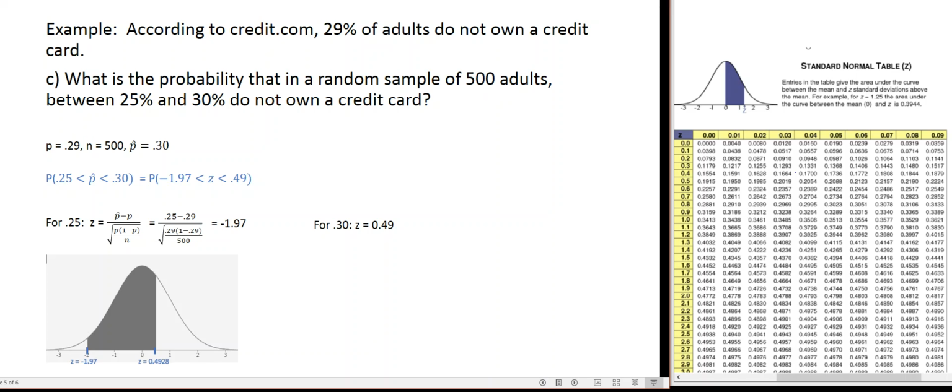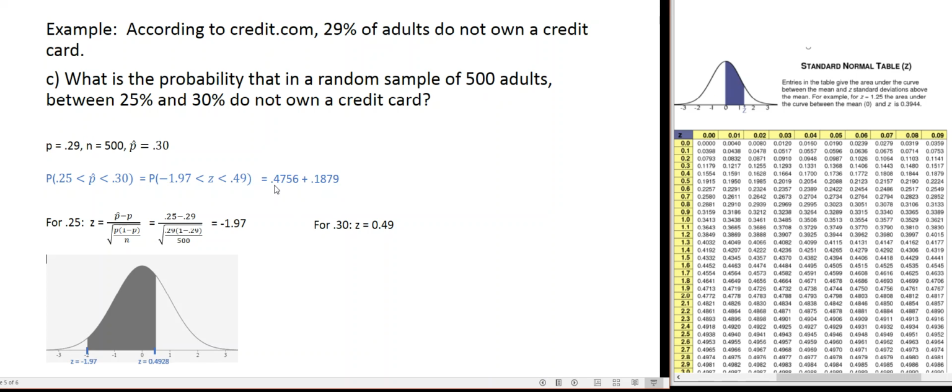So 0.49 again was 0.1879, and then 1.97, again it's symmetrical, so I'm looking up the positive, so I'm going to go 1.9 all the way over to 7, and it looks like 0.4756. And because these are both in between areas, we're going to add them together.